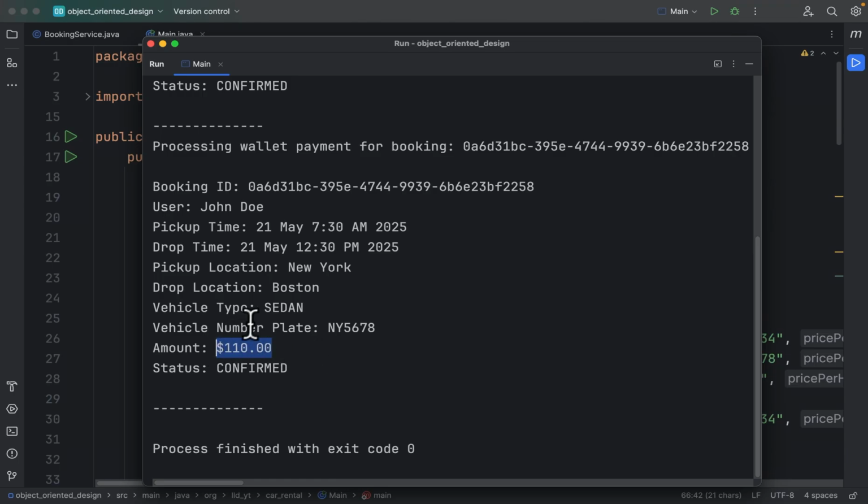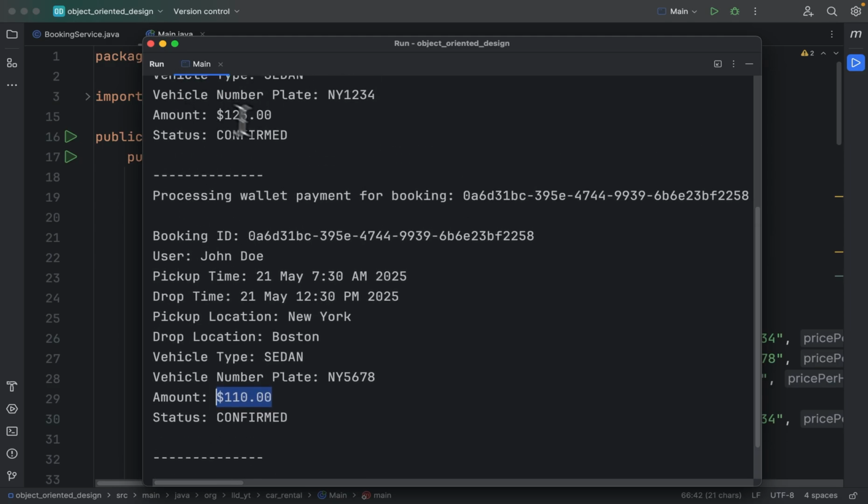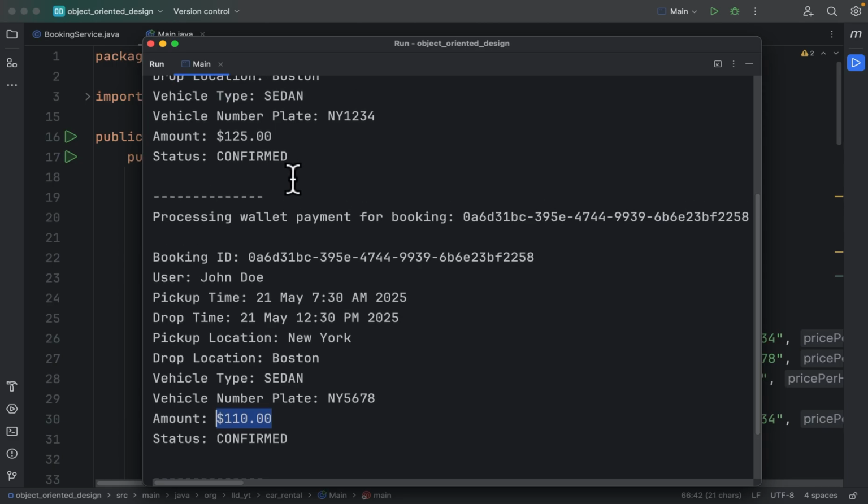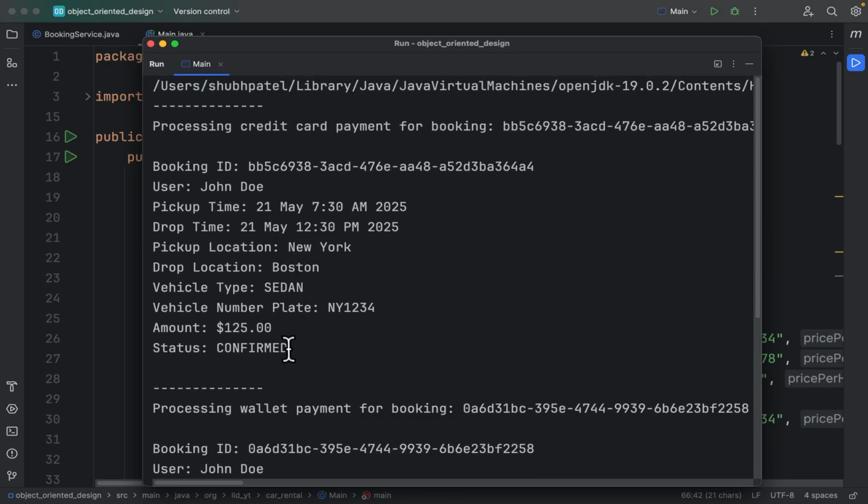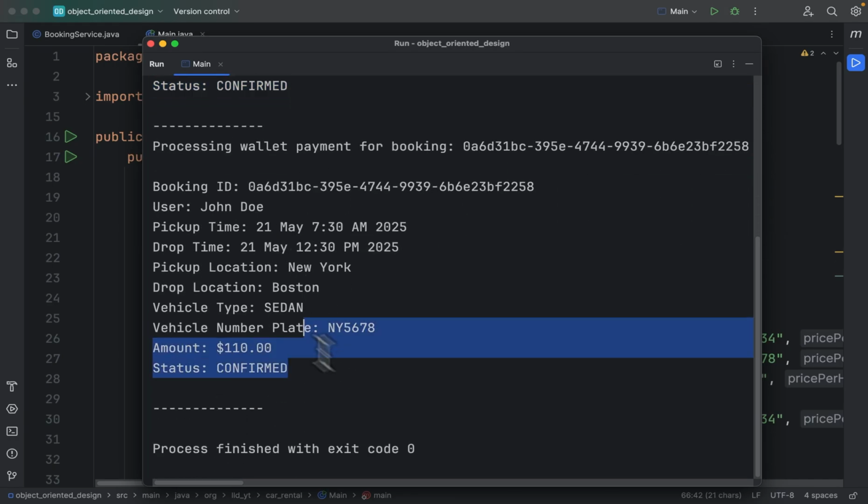It totally depends on the rate of that vehicle. So we have assigned different rates to different vehicles. Those rates are basically used in the pricing strategy. I'll be explaining that algorithm while I explain the strategies. So right now, I hope you understood that two bookings were done and both of them are successful.